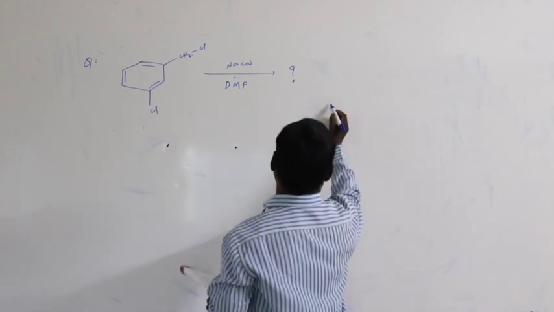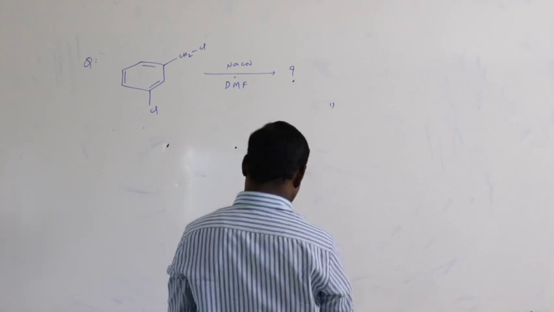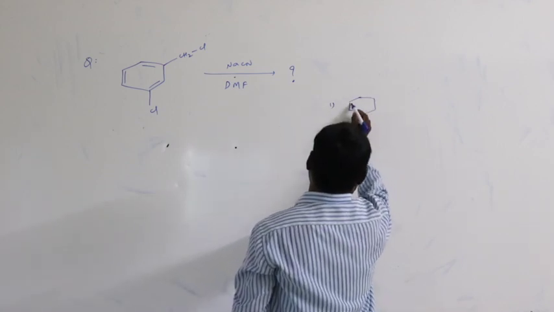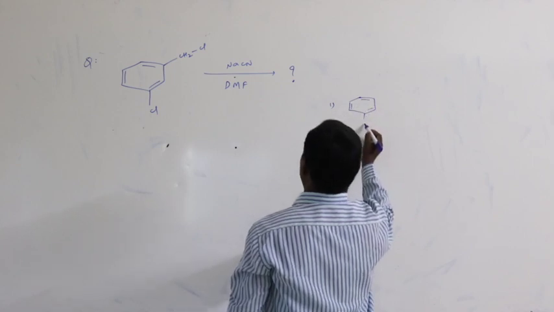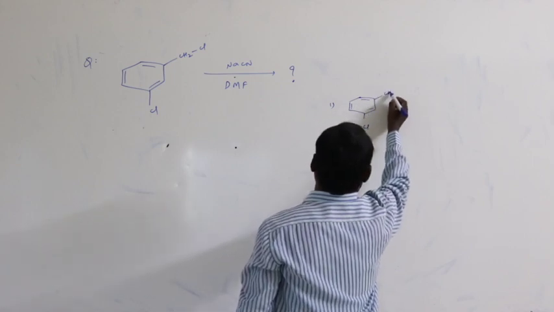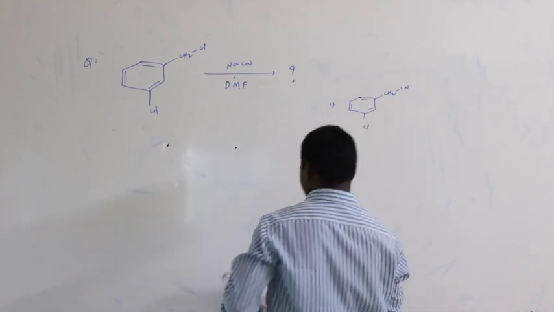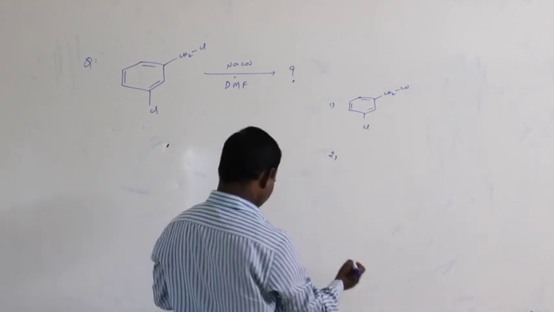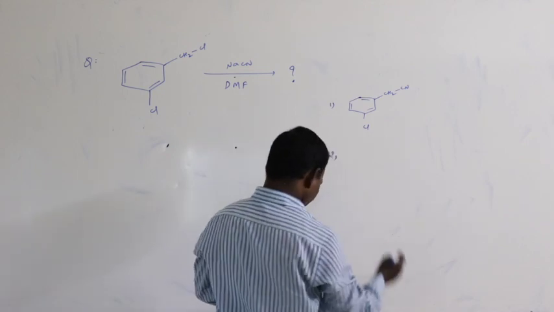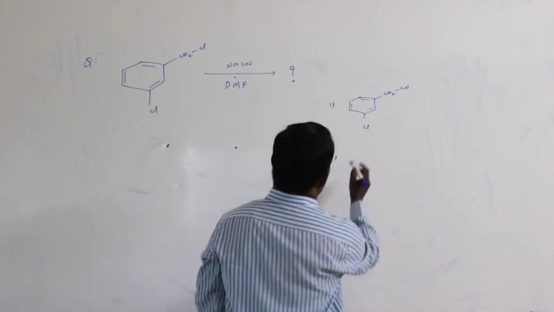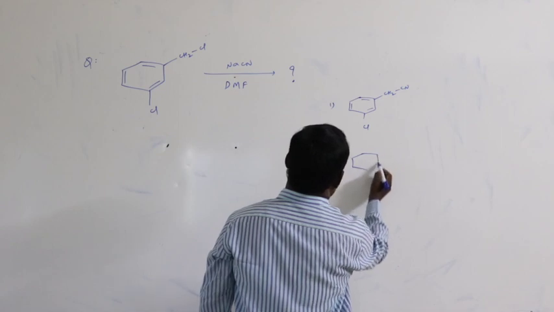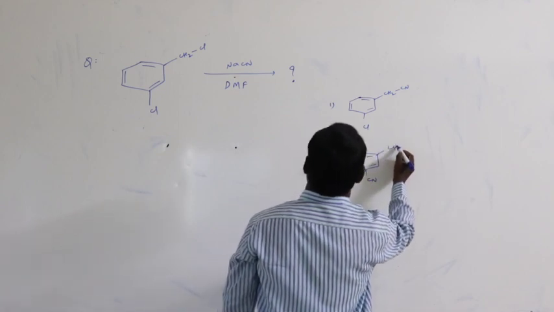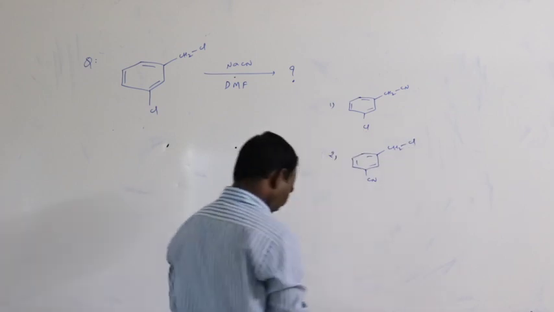Okay, options are given. First option, benzene ring, here chlorine, this is CH2CN. Second option, here cyanide, benzene, here cyanide, this is CH2Cl.